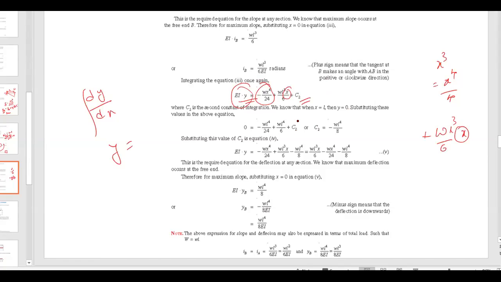Therefore, finding the C2 value, we need to apply the boundary condition 2. The boundary condition 2 at the fixed end, that is x is equal to L, y will be equal to 0. Therefore, substituting x is equal to L, y is equal to 0, we can find the C2 value.